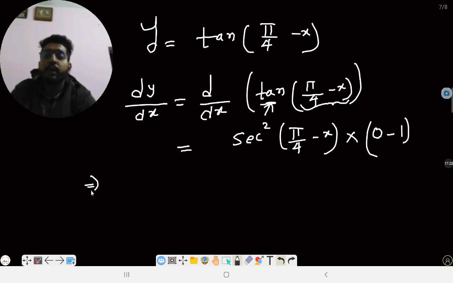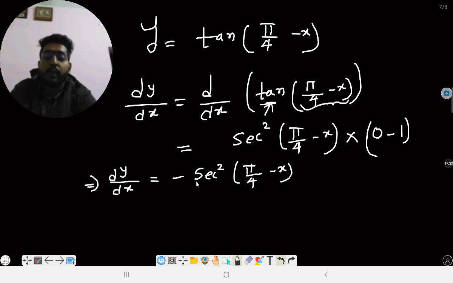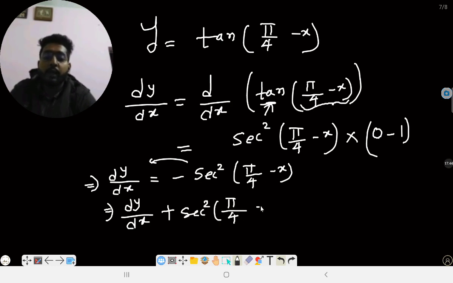So we can write dy by dx equals minus sec square of pi by 4 minus x. Now if it comes to the LHS, that will become dy by dx plus sec square of pi by 4 minus x equals 0.